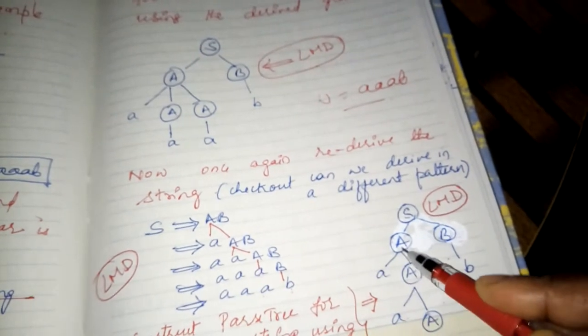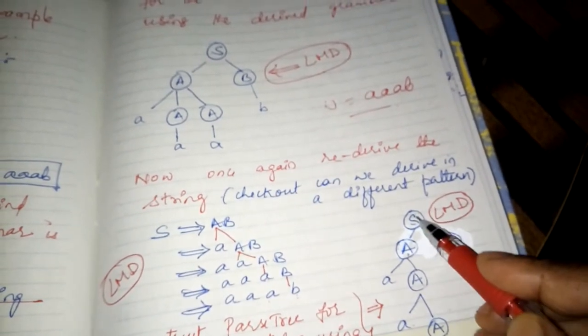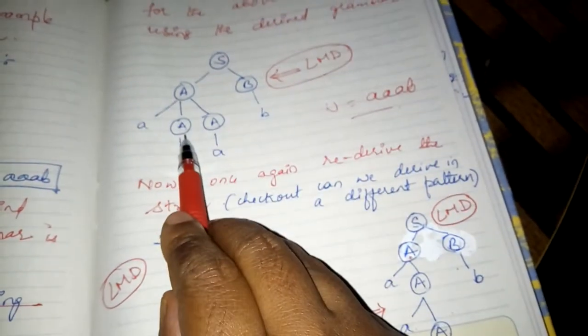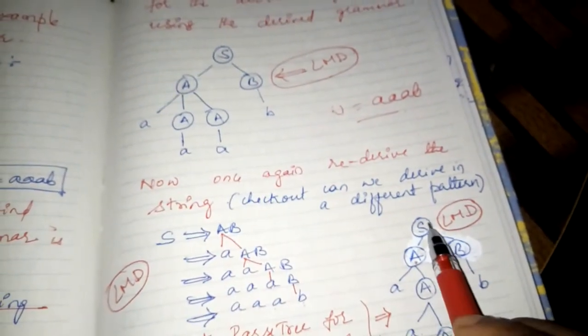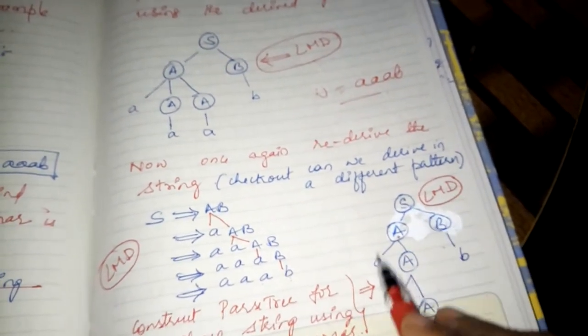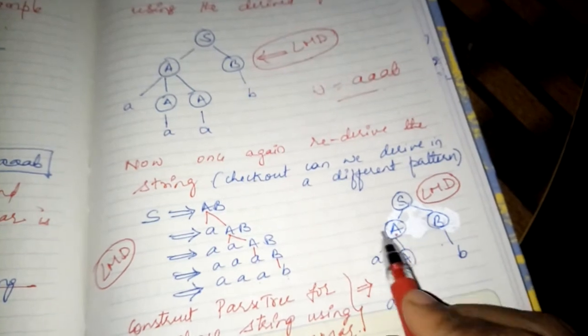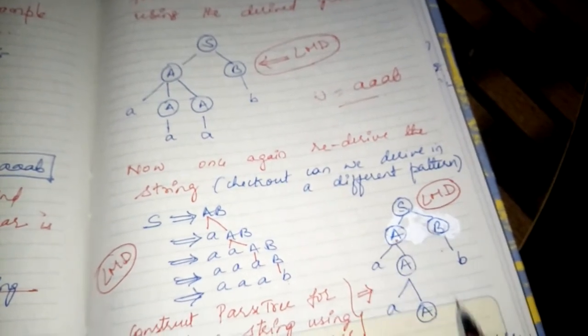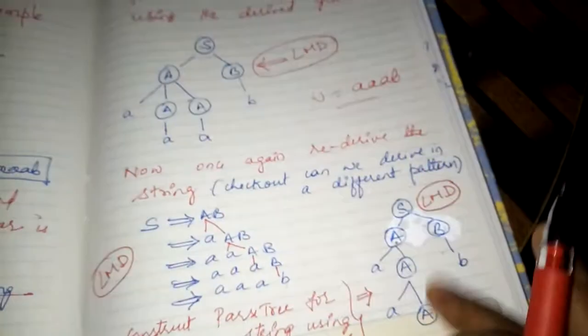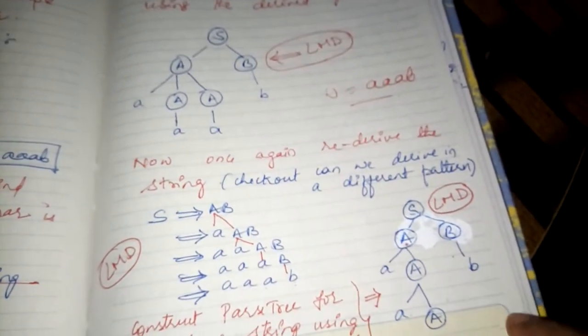You can see the level also gets changed. 0, 1, 2, 3. Here it is 0, 1, 2 for the variable. So now again you can see, for the same string, the structure on the left-hand side is changed. So we call this type of grammar an ambiguous grammar.